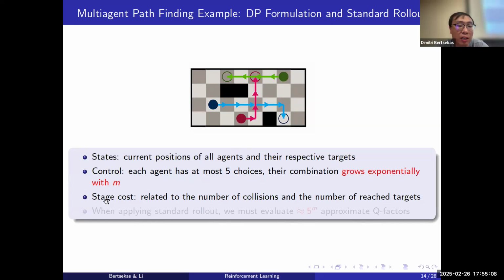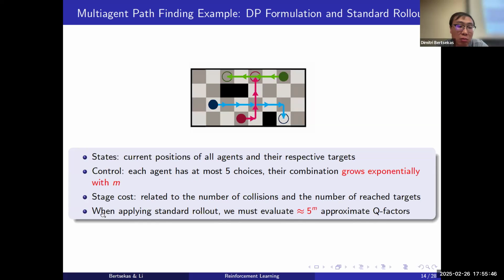In this particular application, we have used it as a cost because that makes the simulation running much easier, but it's a design choice. So the stage costs relate to the number of collisions and the number of reached targets. Once you reach a target, you have a negative cost, which incentivizes the robots to reach a target. And we design a big cost for collision.